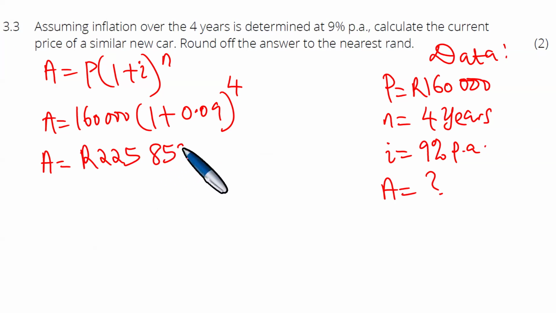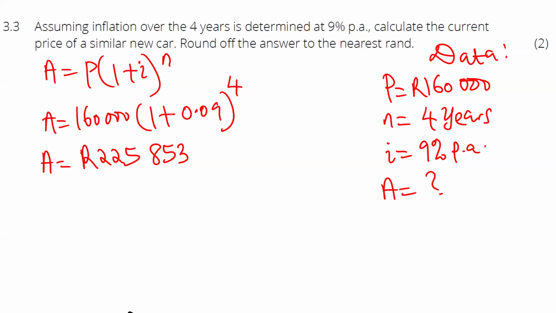Right, so you have that this is exactly 225,853, and therefore this is what we are exactly getting.